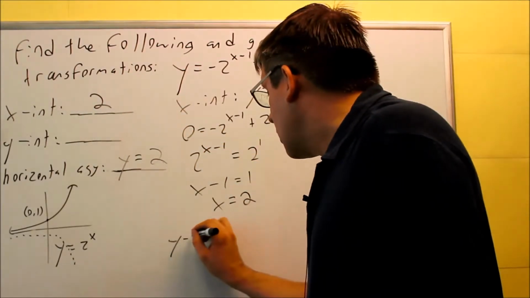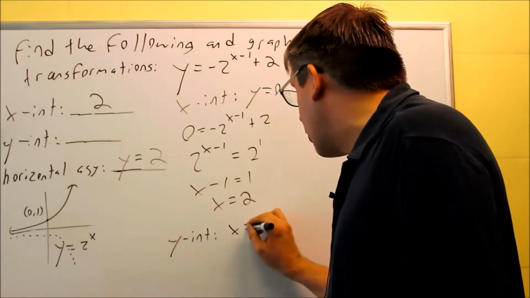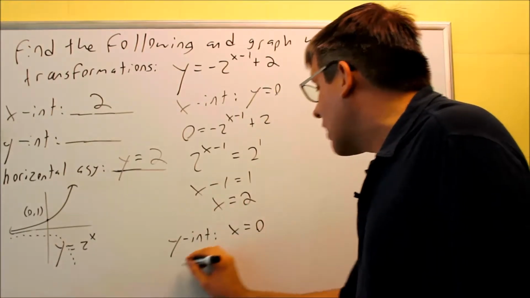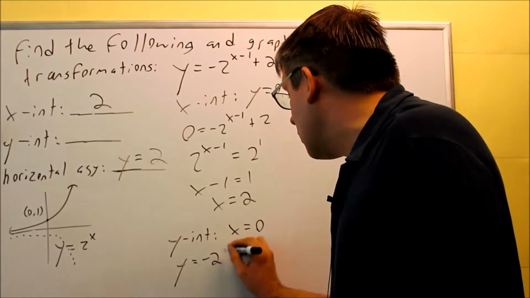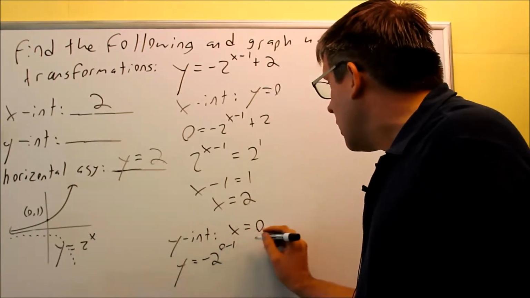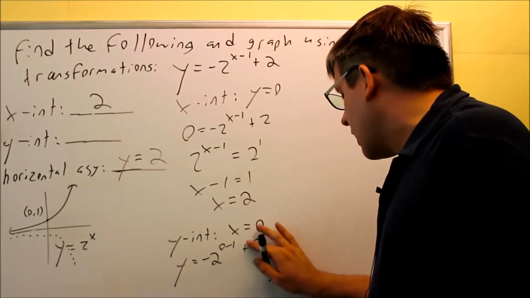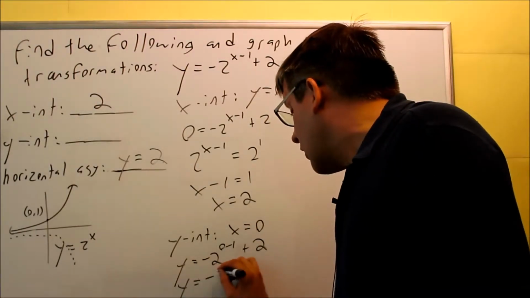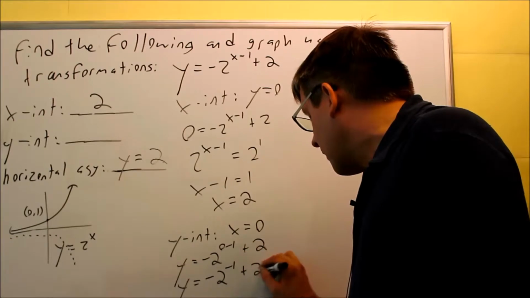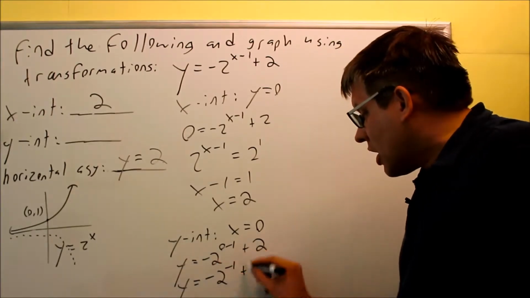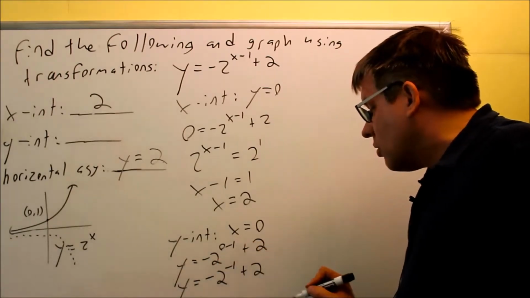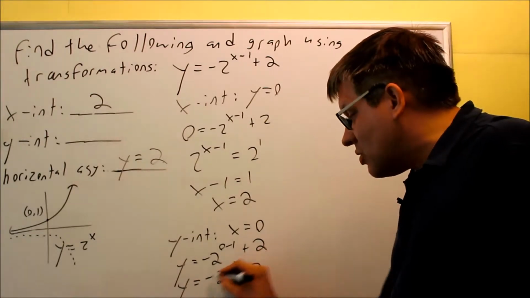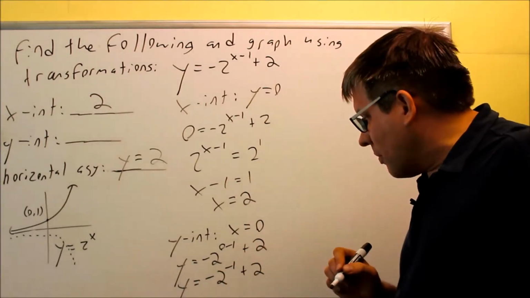Next, I want to find the y-intercept. Y-intercept is where you put in a 0 for the x. So for this we have negative 2 to the 0 minus 1, and then I have plus 2. So when I do this, I get y equals negative 2 to the negative 1 plus 2. Let's talk about this one right here, negative 2 to the negative 1. These negative signs do not cancel.